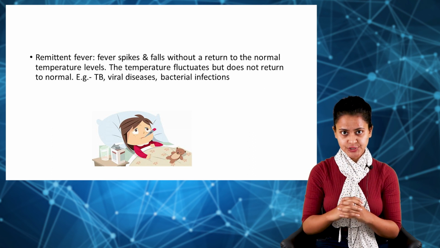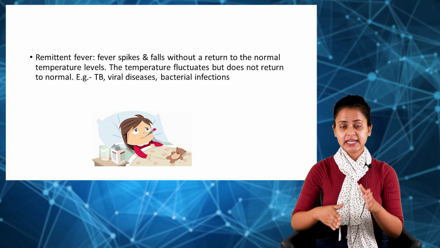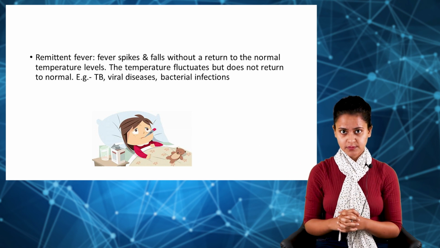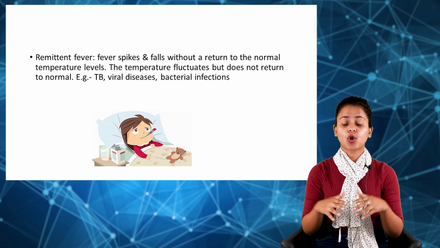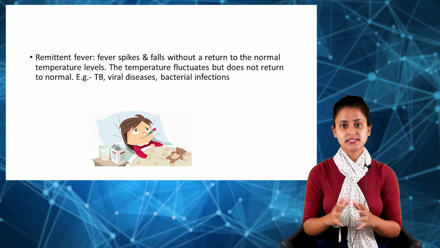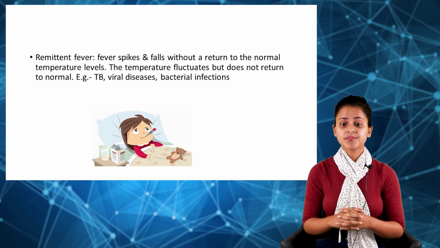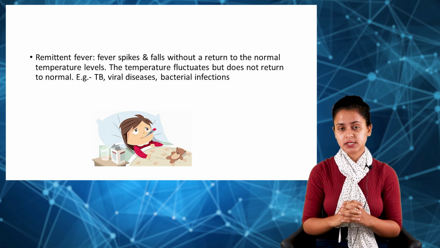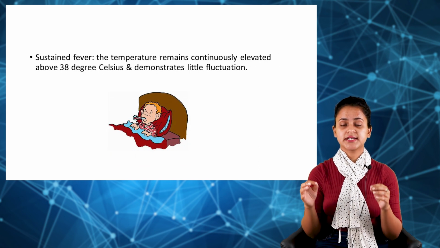That is the reason a frequent alteration and fluctuation of body temperature will be seen in remittent fever. Examples are often tuberculosis-related infections, viral infections or viral fever, as well as fever almost always associated with bacterial infection.